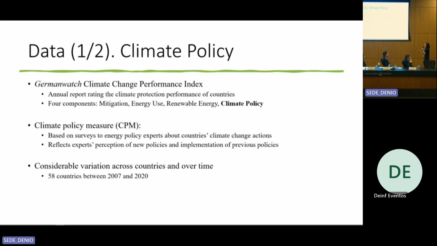This is the way Germanwatch measures the strengthening of climate policies in a country. Importantly, we have considerable variation in this index, both across countries and over time. The index is collected for 58 countries. It started being collected in 2007.